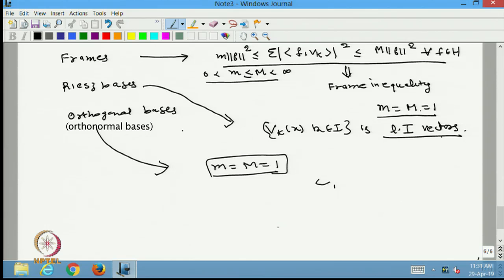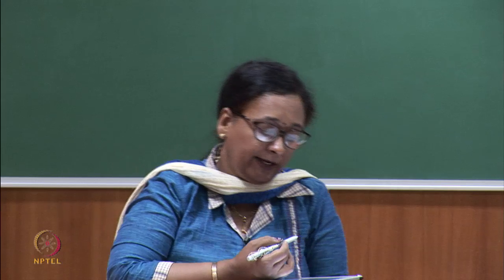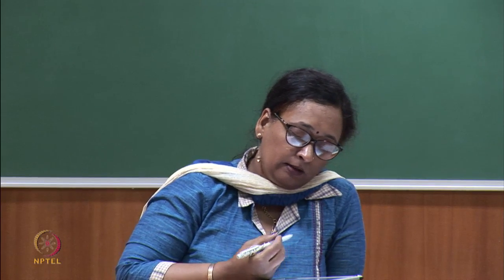Every orthonormal basis is a frame with M, capital M, equal to 1, which is a frame bound. Okay. And of course, it is also a tight frame, because this small m is equal to capital M, then we call it a tight frame. Okay.